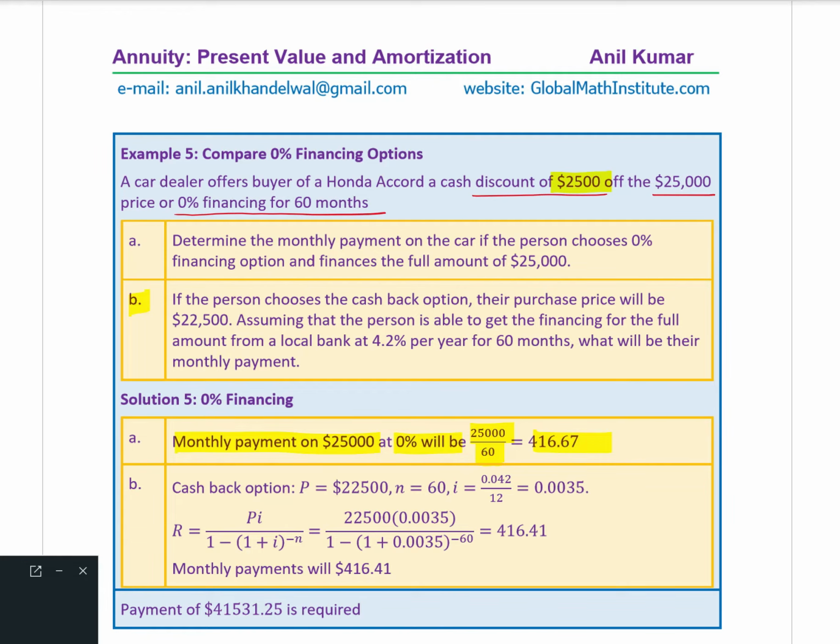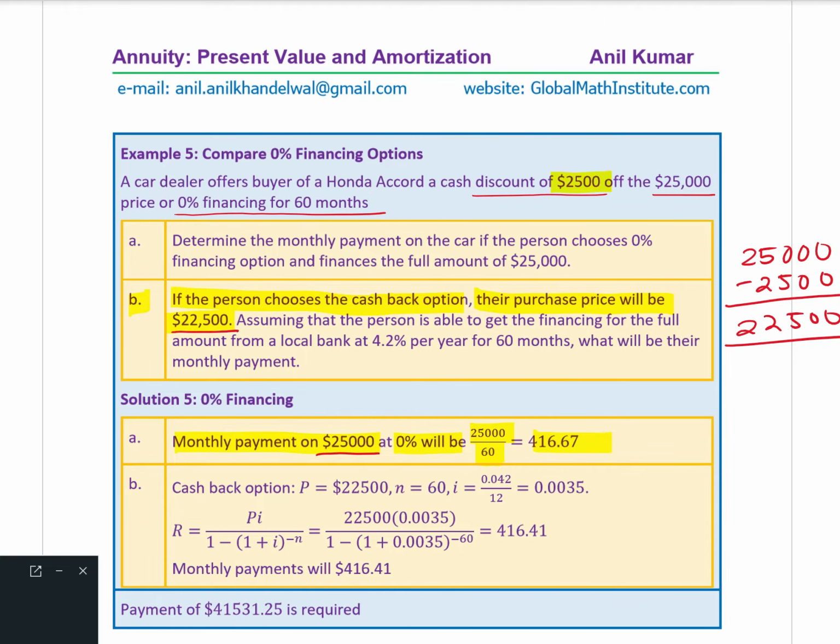So if the person chooses the cashback option, their purchase price will be 22,500, because then you get this discount, right? So instead of 25,000, you're now limiting yourself to 25,000 minus 2,500, which is the discount. So you get 22,500 to be paid, correct? So that is how we get this situation.